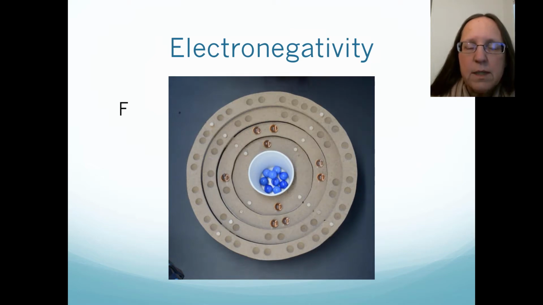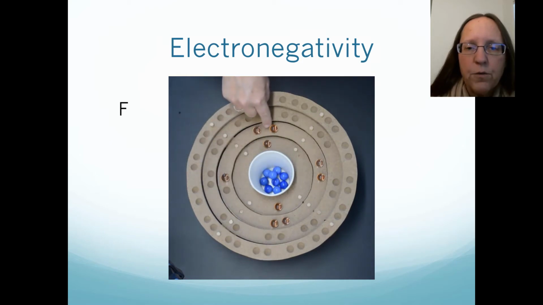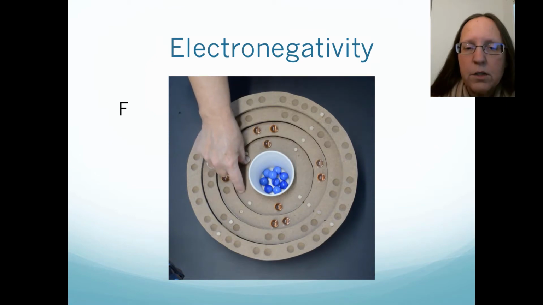The shielding is still only at 2, but the nuclear pull keeps increasing, and the valence electrons are all in the same main shell and not interfering with each other. The electronegativity increases as the nuclear charge increases, as long as the number of core electrons does not change.